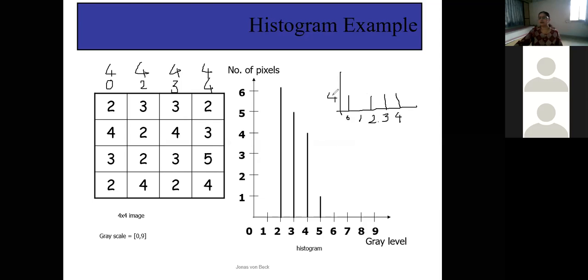For the others, you are getting the same peak values. So you will get 4 peaks of equal height if we assume that all the pixels in one column take the same value. There will be 4 pixels belonging to each gray level. Is it clear? Please write yes or no.